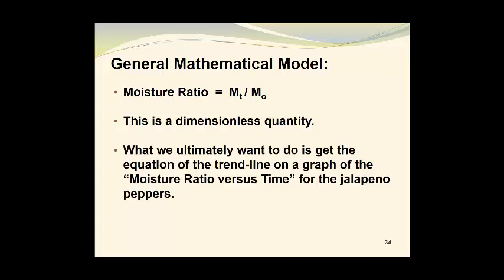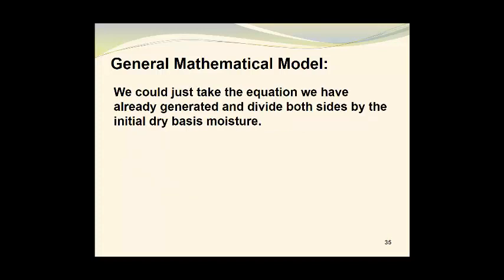What we ultimately want to do is get the equation of the trend line on a graph of moisture ratio versus time for the jalapeno peppers. We could just take the equation we have already generated and divide both sides by the initial dry basis moisture.